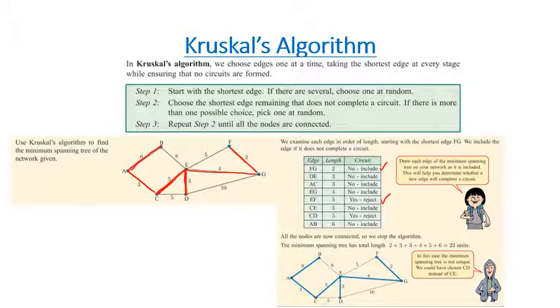So we won't include B to E. We won't include D to G or C to D, because they're the ones that are going to make a circuit. We just follow them all till they're connected, and then we add all our lengths, and we end up with a total of 23 units.